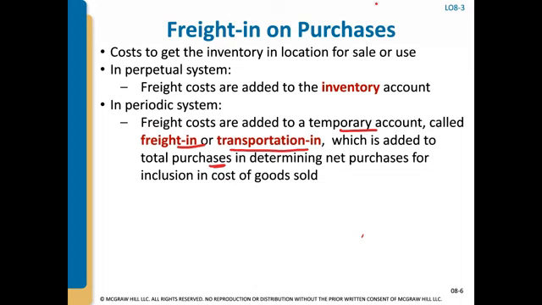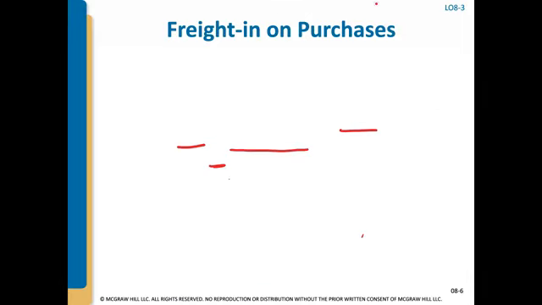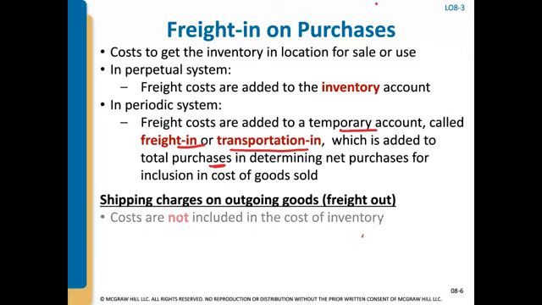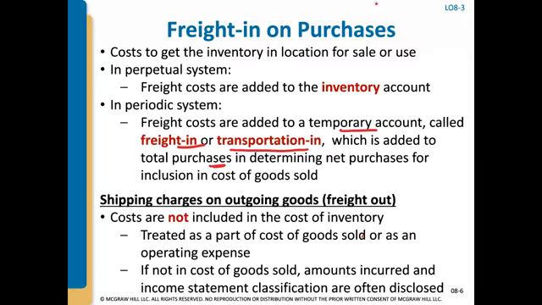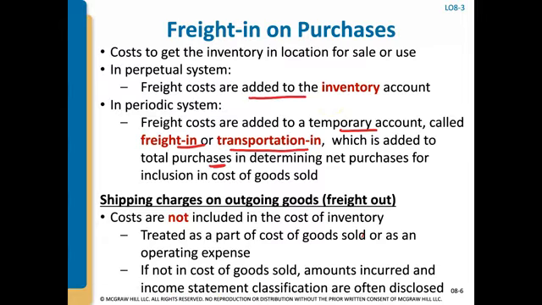So it's a little confusing at first, but when you look at this diagram and go through it carefully, I think it makes a little more sense. Just be aware, like I said before, when the freight costs are added in the inventory account, when you say debit inventory, credit cash, that's the perpetual system.